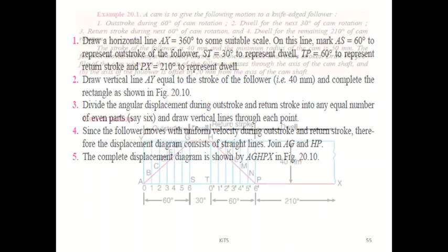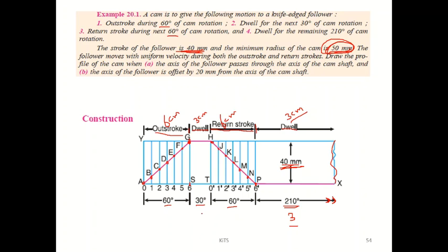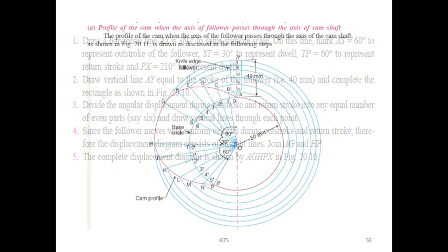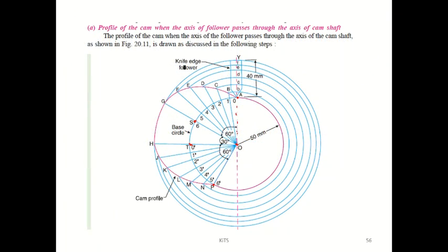Now go to this displacement diagram. How you have divided the 60 degree? 60 degree into 6 equal parts. Here also 60 degree into 6 equal parts. Same thing. Now we have 60 degree here.